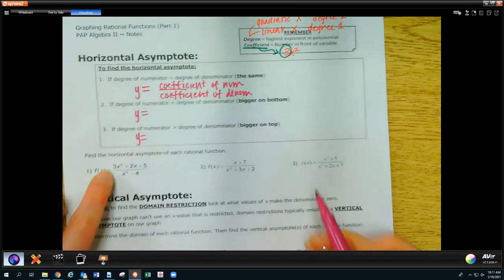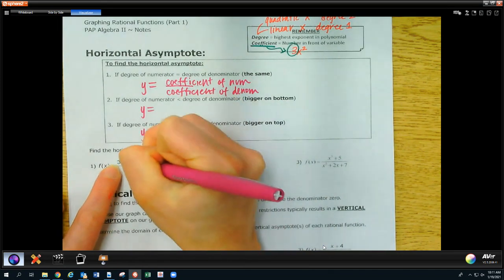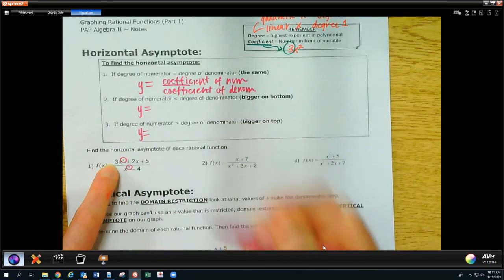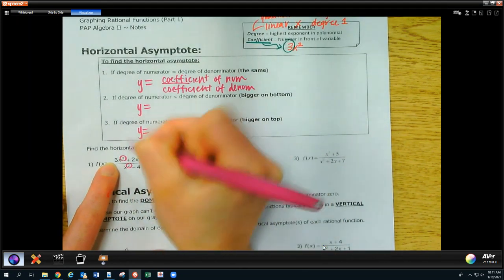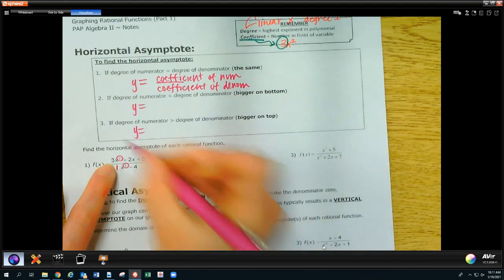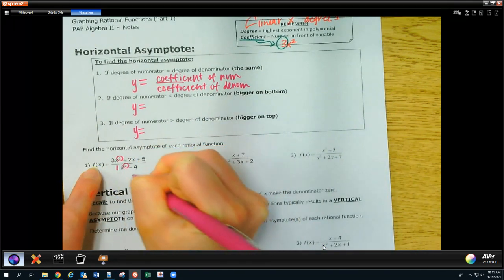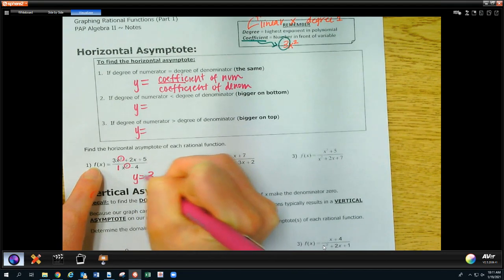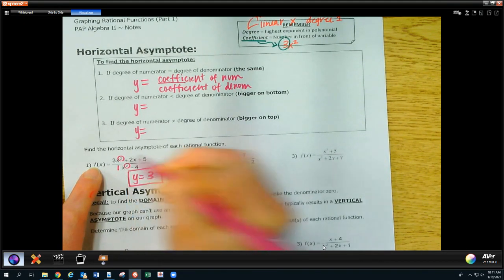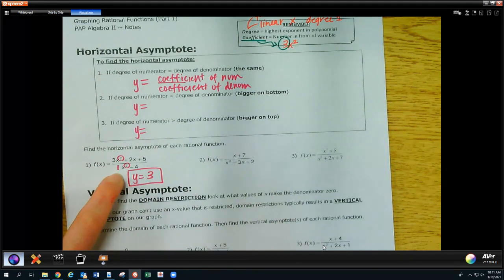For example here, the degrees are the same, both degree 2, so we divide their coefficients. 3 divided by 1 would be 3. So y equals 3 would be the horizontal asymptote for this case.